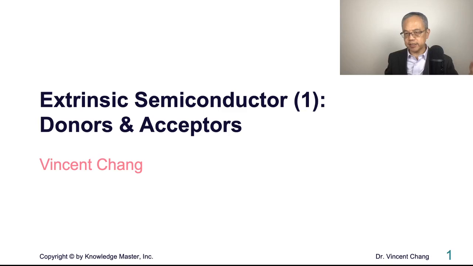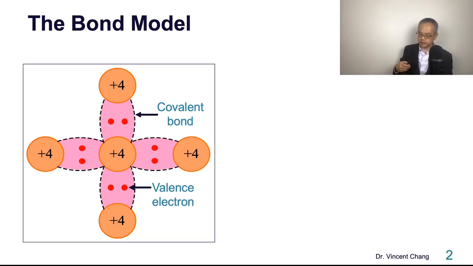Extrinsic semiconductor, part one: donors and acceptors. Let's start with the bond model of the intrinsic silicon. The valence electrons of two neighboring atoms form a bond called a covalent bond.